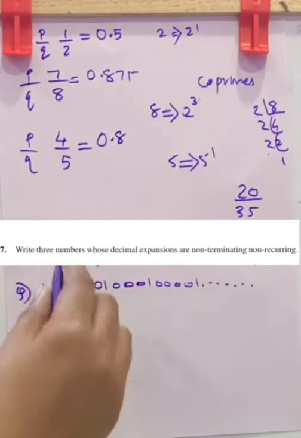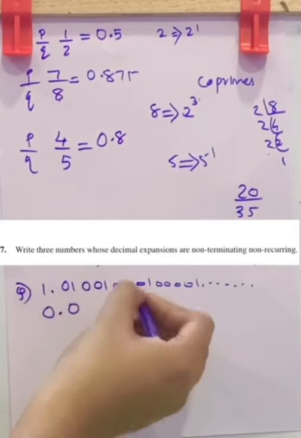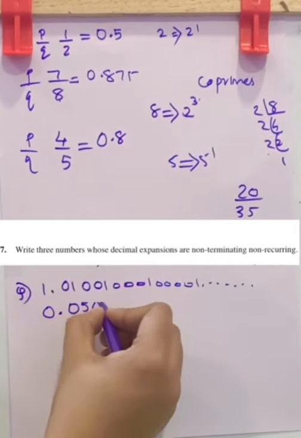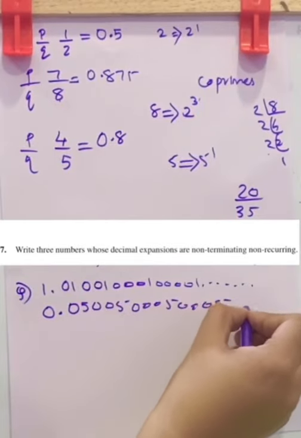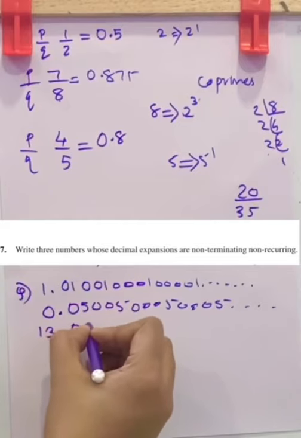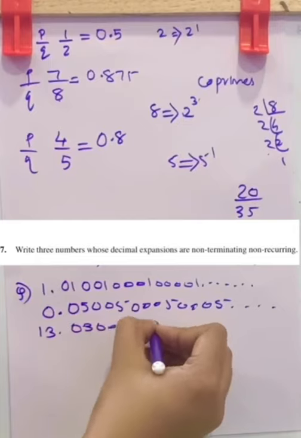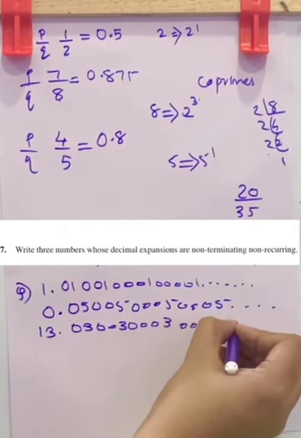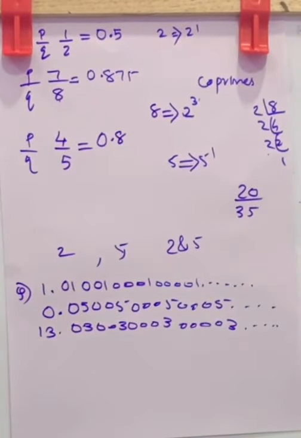So it is non-terminating and non-repeating. Or you can put another digit simply for another example like this. These are all examples of non-terminating and non-repeating. So all these are irrationals.